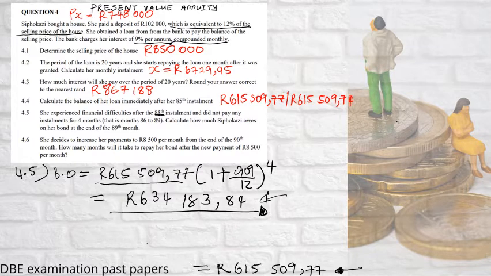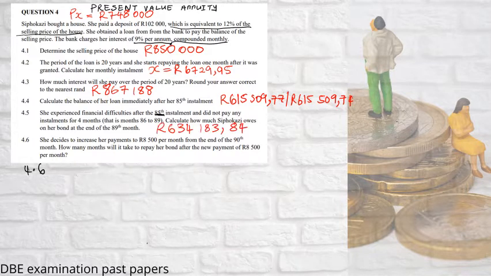Okay, let's now look at the last question, which is 4.6. They say she decides to increase her payments to 8,500 per month from the end of the 90th month. How many months will it take to repay the bond after the new payment of 8,500 per month? If you check these questions, they're interconnected.